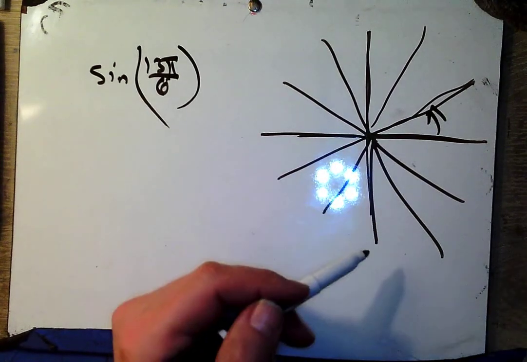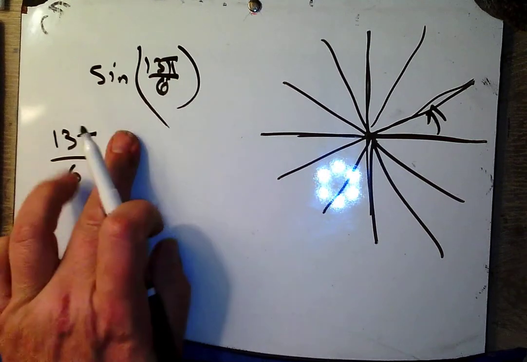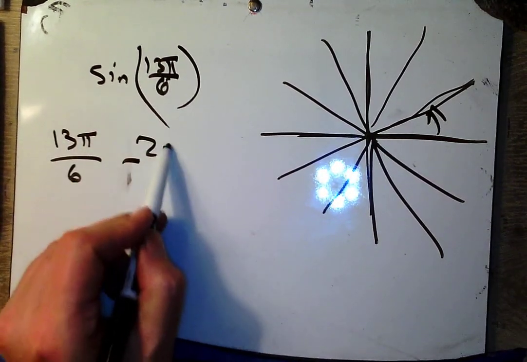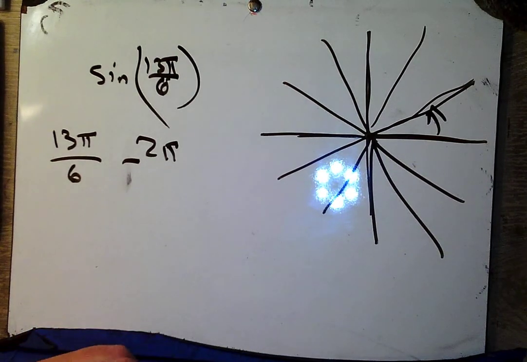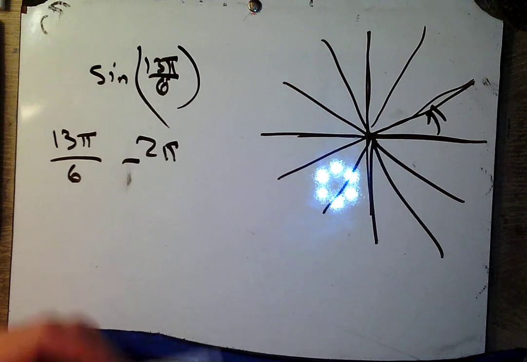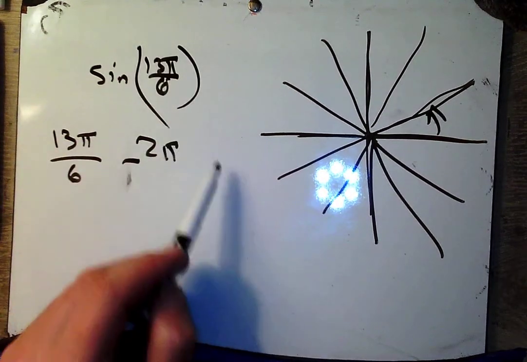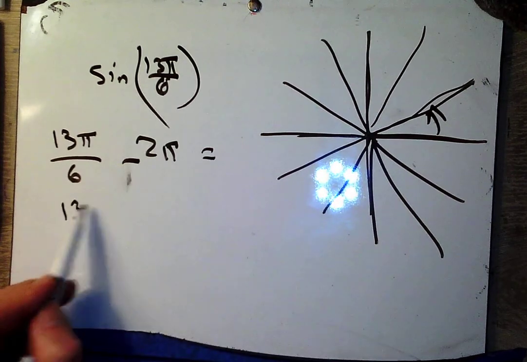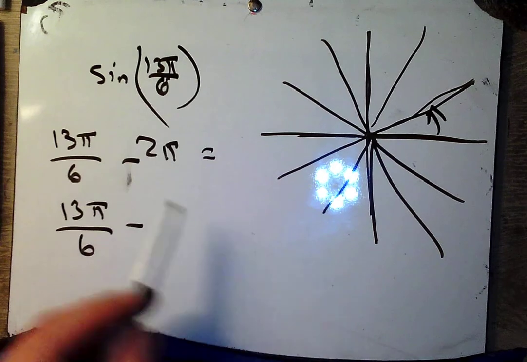I mean, I can do that, but I would much prefer to say, hey, what happens if I subtract 2 pi? Remember, we said we would find coterminal angles by either adding or subtracting 2 pi. And for me, what I want to do is take this thing that's bigger than 2 pi and turn it into something that is on my unit circle, so something between 0 and 2 pi.